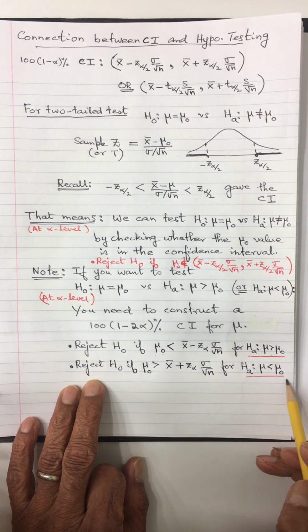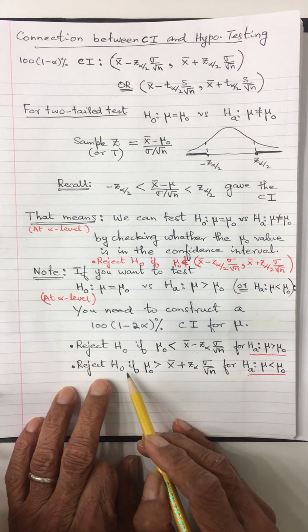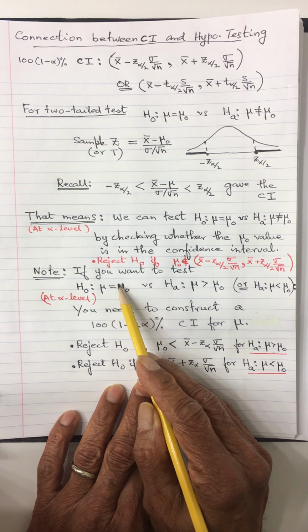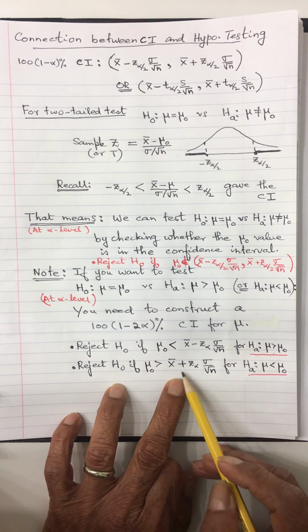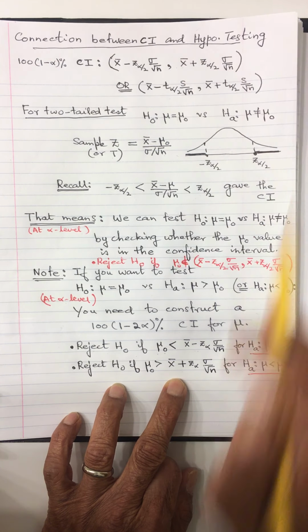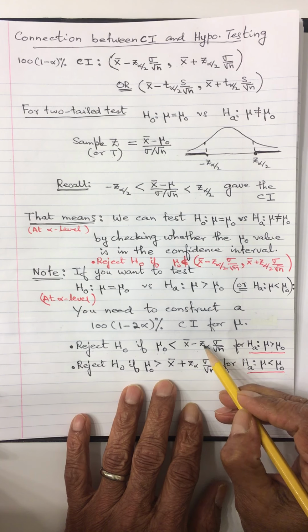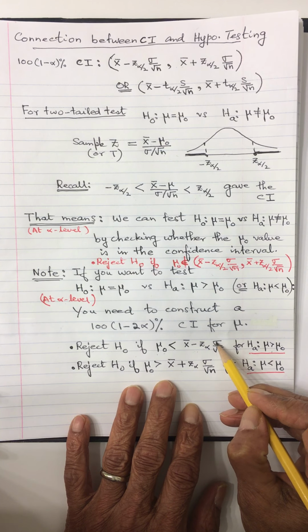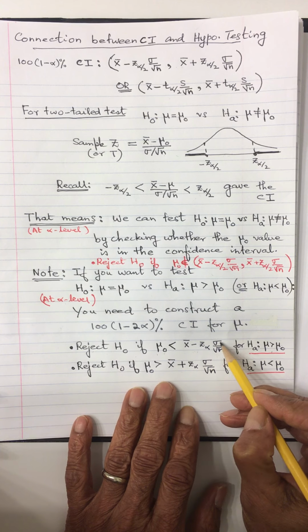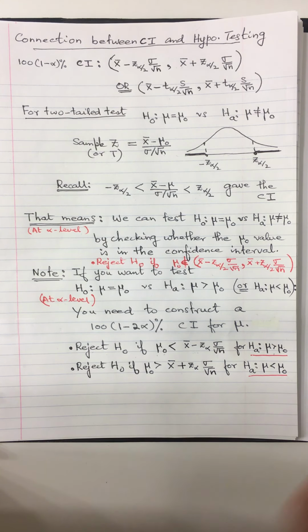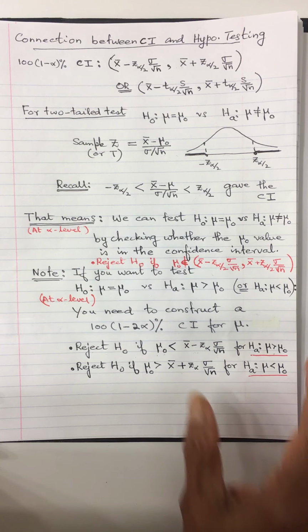So for the lower tail test, you reject H naught and accept HA if this mu naught value is more than this value. Alright? So that's that. So it depends on whether sigma is known or unknown. That way, if you have S here, you have the T here. Alright? So that's that.